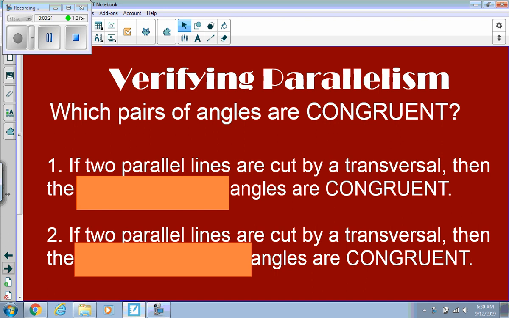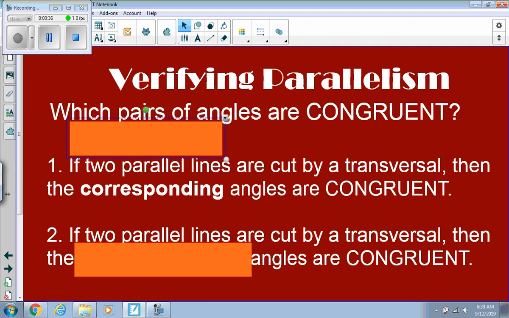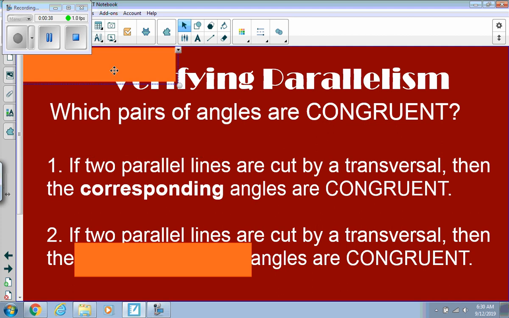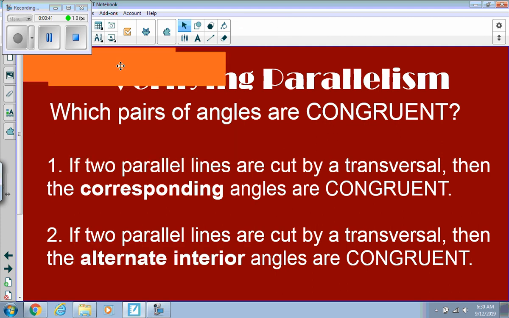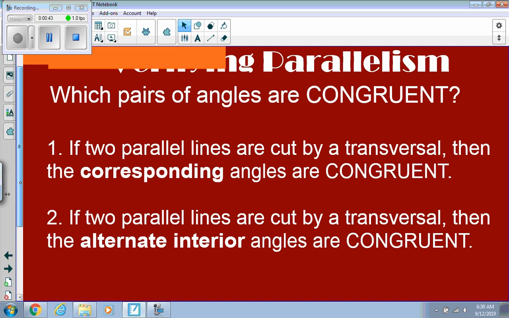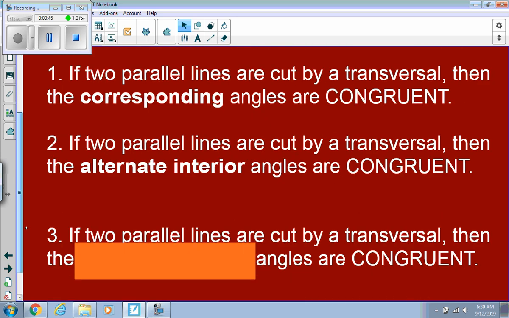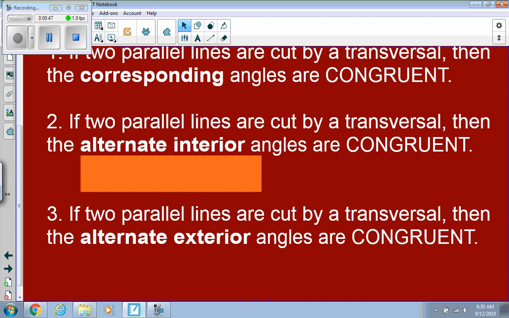So when pairs of angles are congruent, we know that if two lines are parallel and cut by some sort of transversal, then alternate interior angles are going to be congruent, as well as corresponding angles. So corresponding, alternate interior, as well as alternate exterior angles are all going to be congruent no matter what.